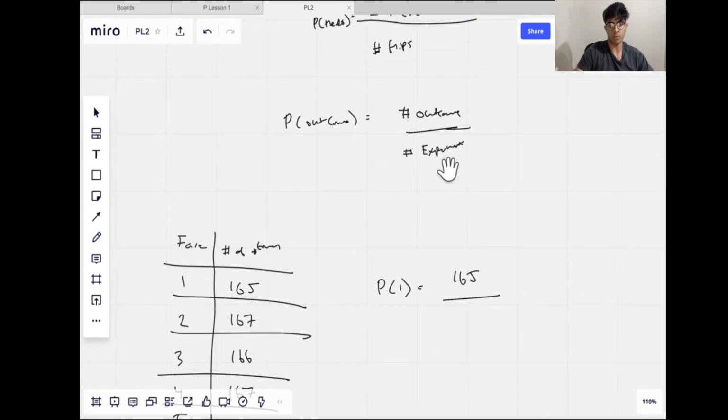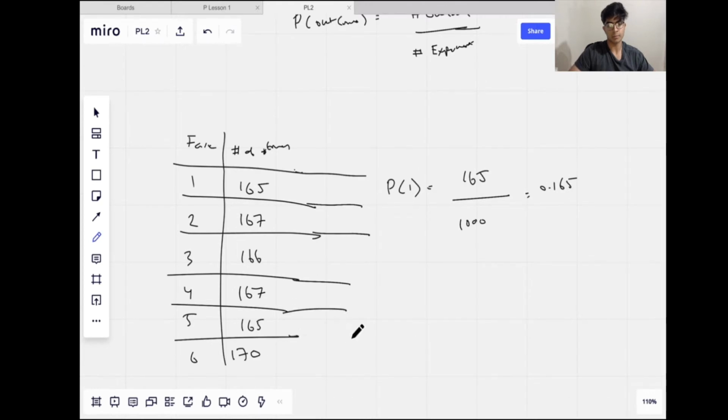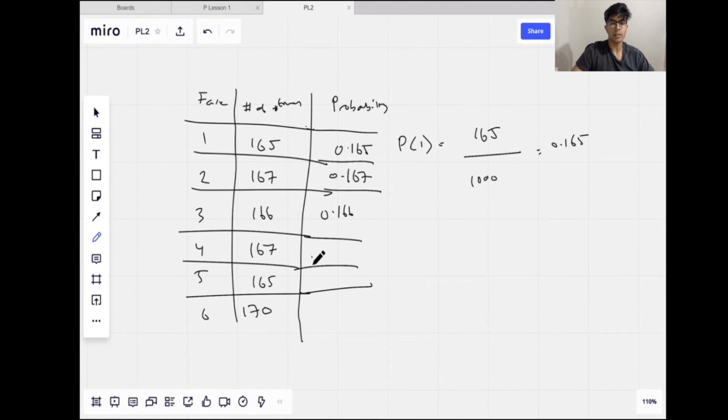So the number of outcomes that we wanted divided by the number of experiments, 165 divided by 1,000, which is 0.165, and then we can repeat this for all of them, dividing each by 1,000. So you get 0.165, 0.167, 0.166, 0.167, 0.165, 0.170, and we can see that these are roughly equal.